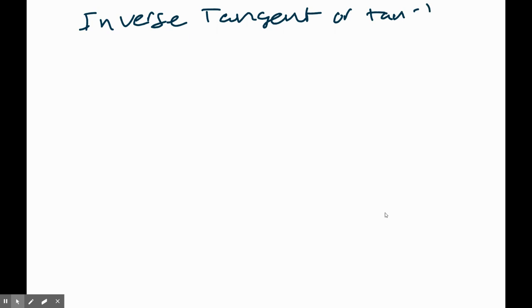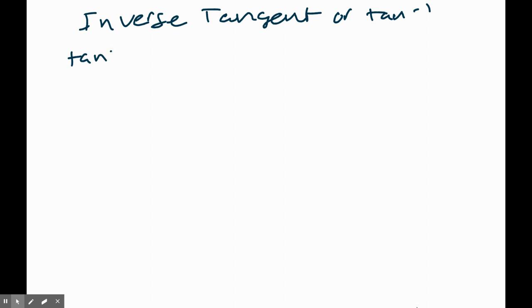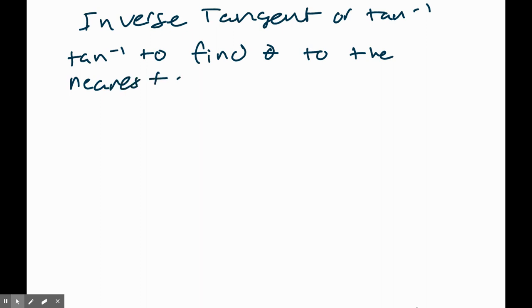Now we're going to move on to the inverse tangent, or tan to the negative 1. And we use the inverse tangent to find theta to the nearest degree. So let's go ahead and see an example of this.